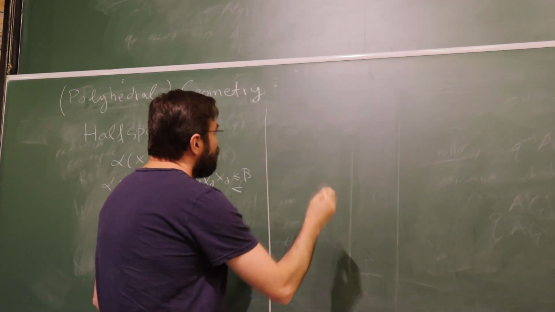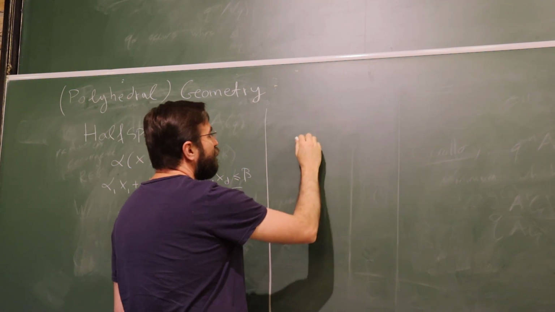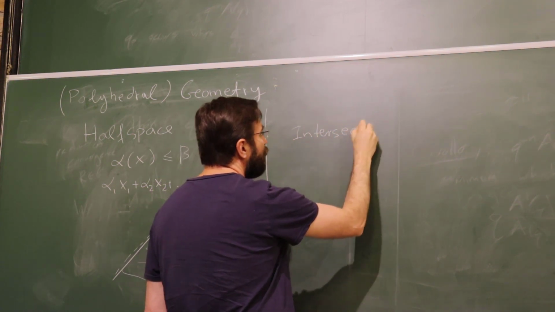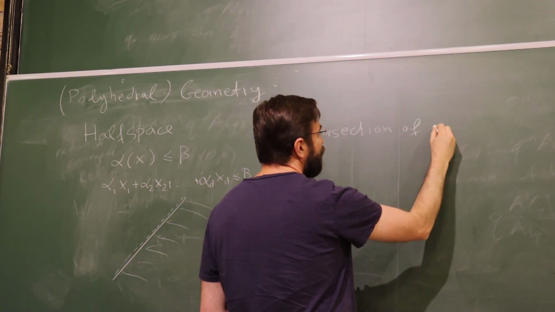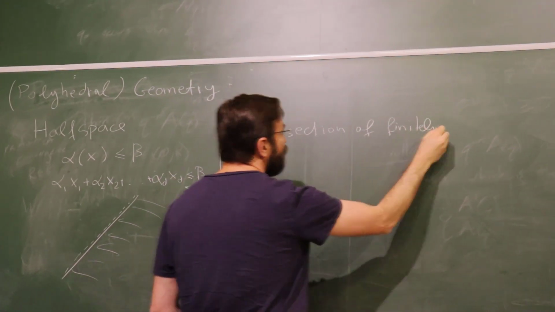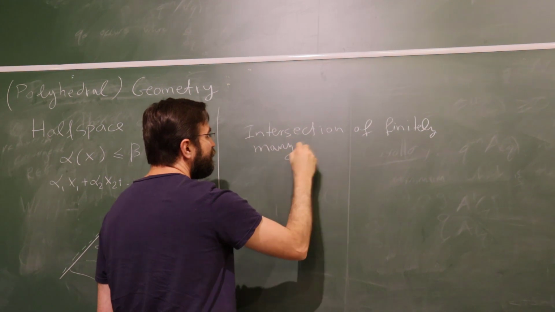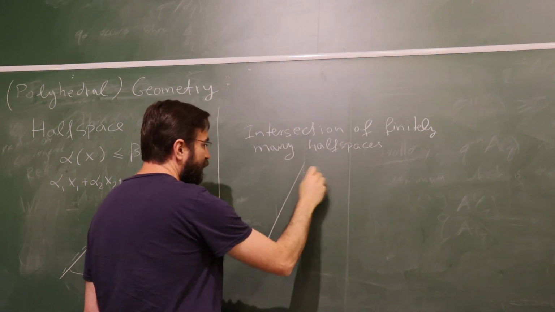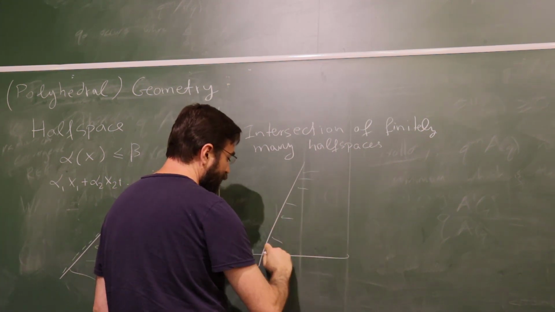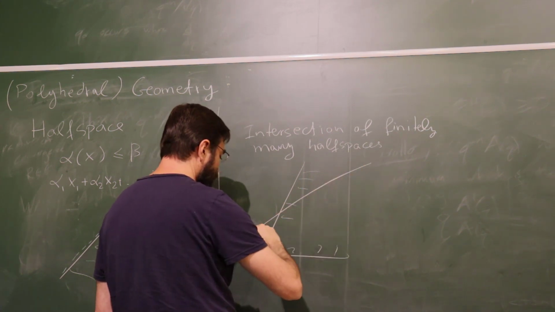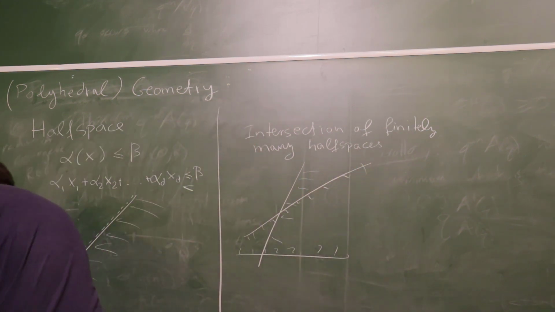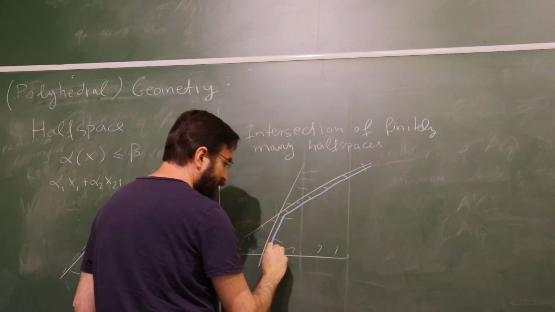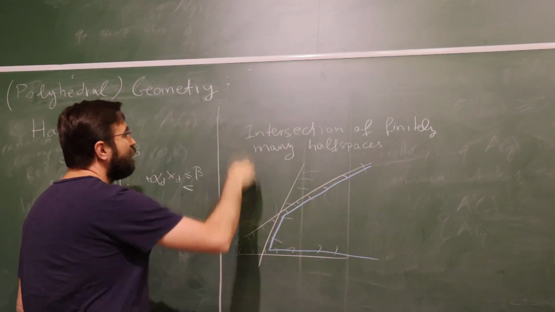Now, if we take the intersection of finitely many half spaces, we have this object here, and this is called a polyhedron.